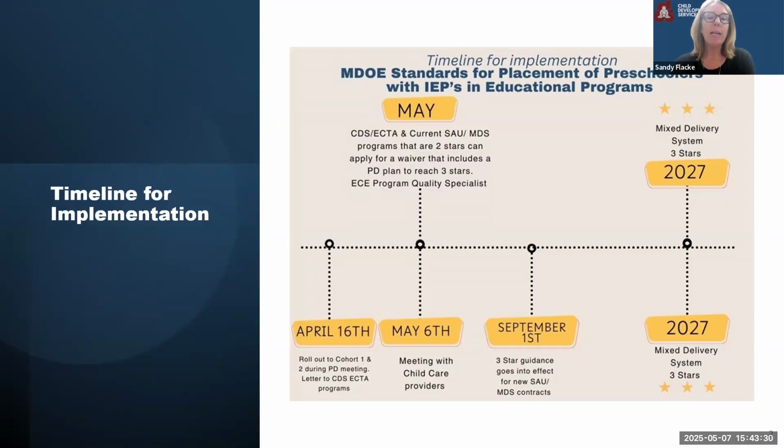Knowing that we had some SAUs in Cohort 1 already partnering with Star 2 programs, we developed a timeline to support those programs to move from a 2-star to a 3-star rating.